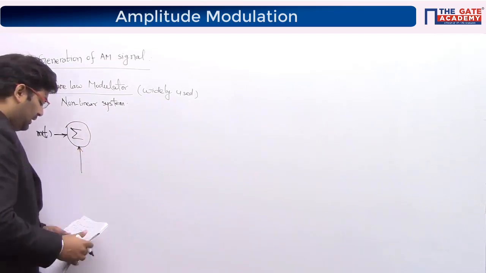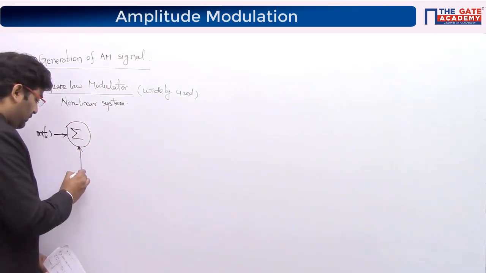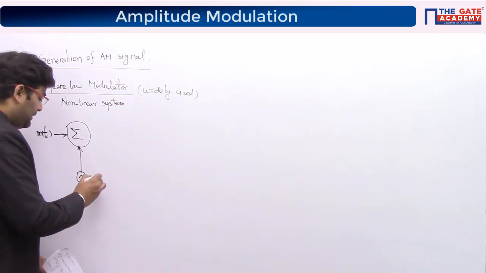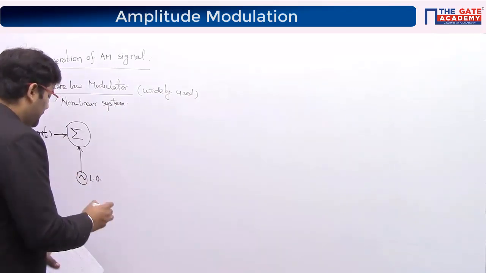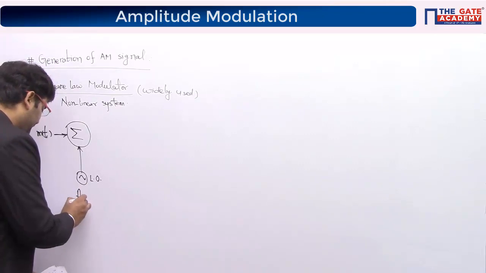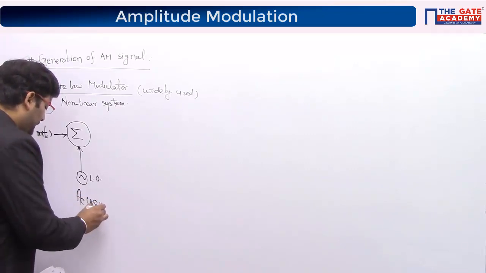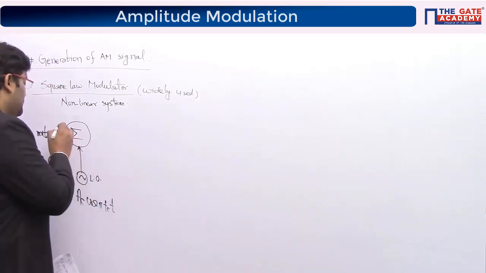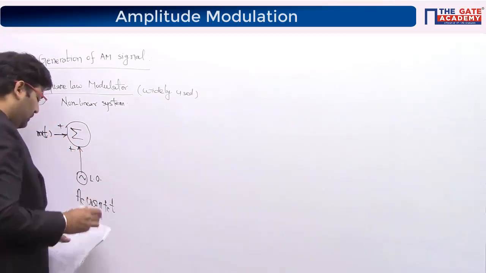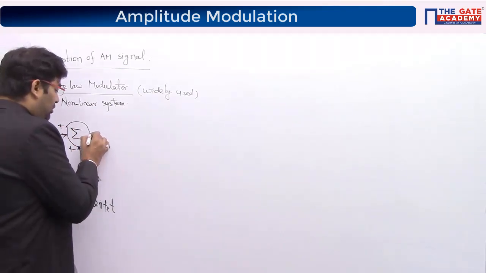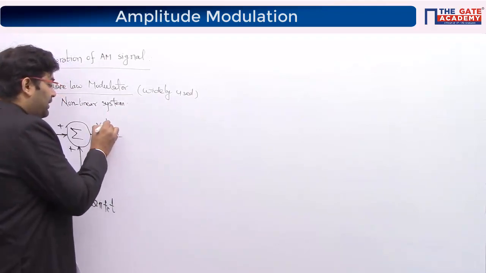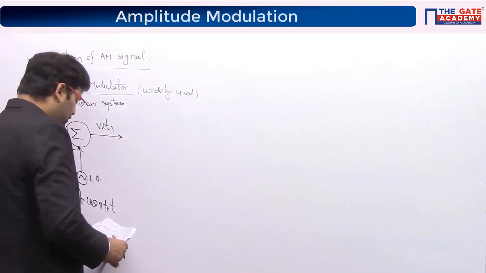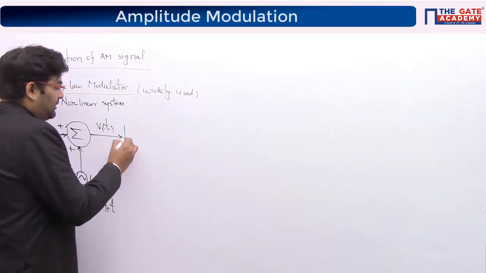You give this summer another signal, which we call the carrier signal. It is coming from a local oscillator. The carrier signal is simple: Ac cos 2πfct. It goes into the summer, you are adding both of them, and the output of the summer we call v1(t). And then it goes into a non-linear system, NLS.